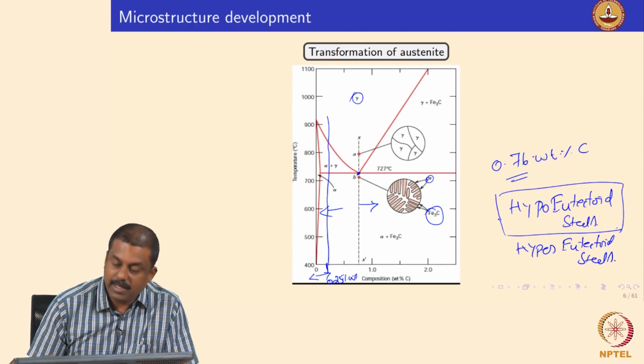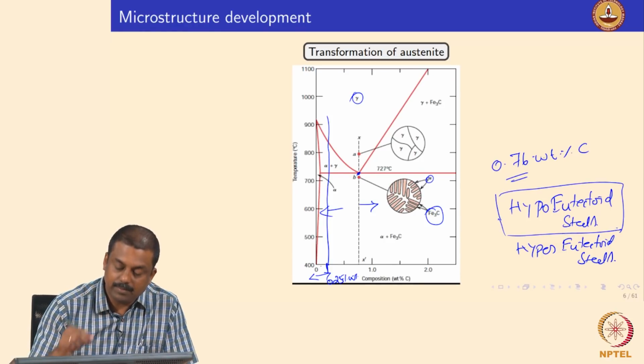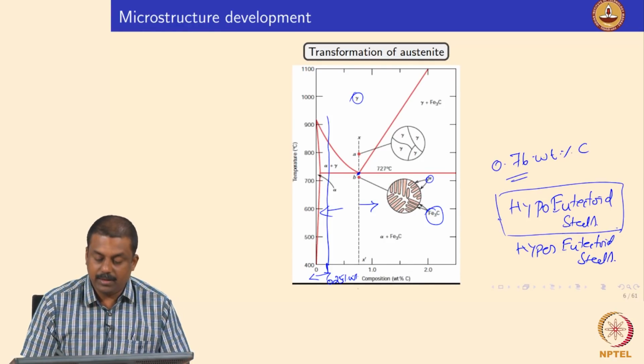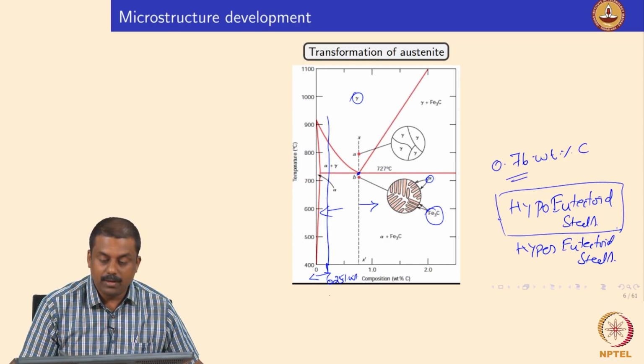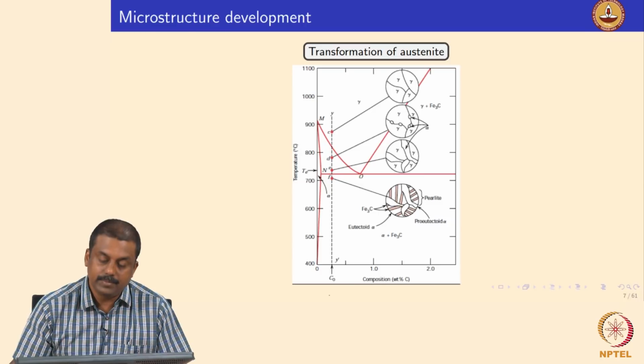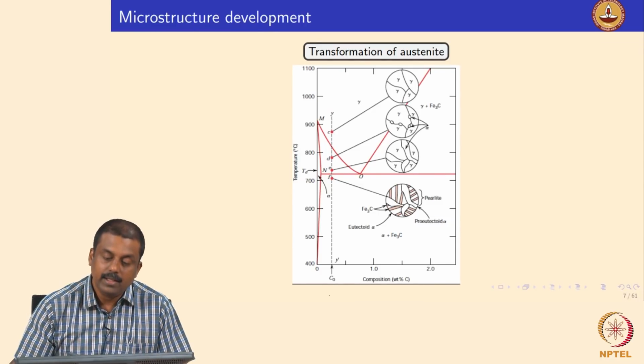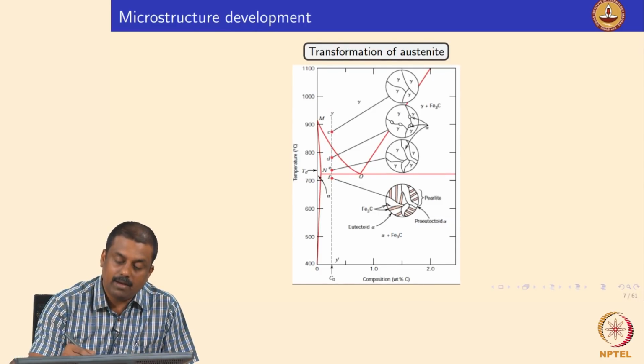So, now imagine we have a composition of about 0.25 weight percent. If you go and look at the transformation mechanism, as already explained in previous slides, we have the austenite, which is a face-centered cubic structure.